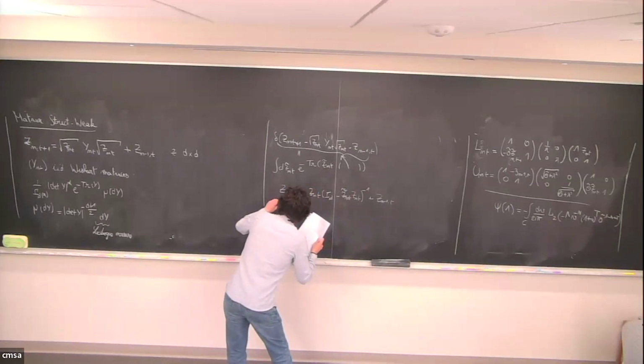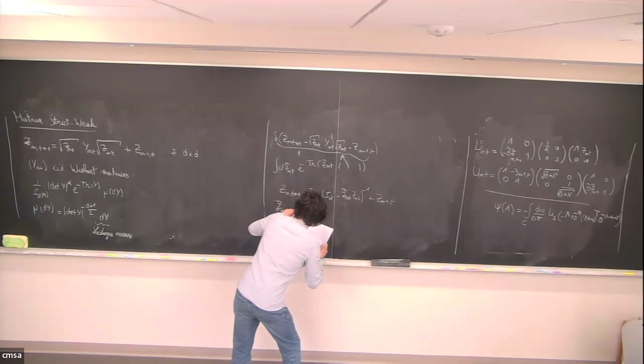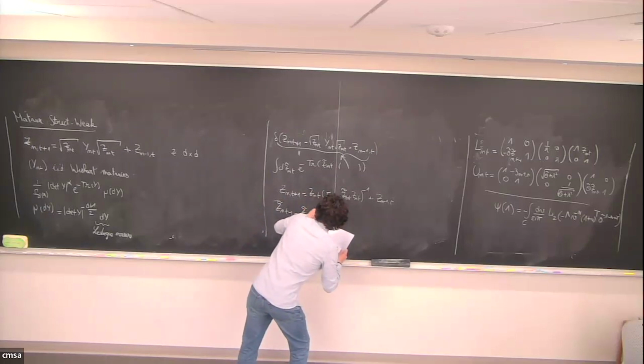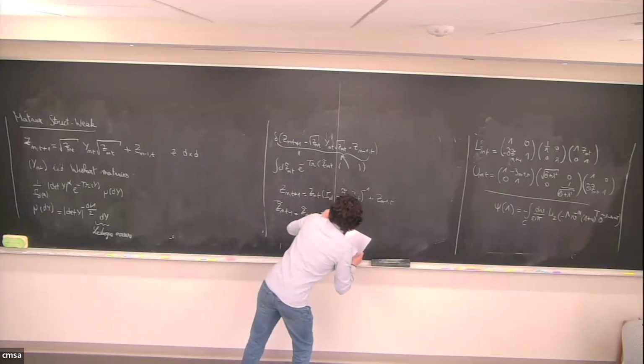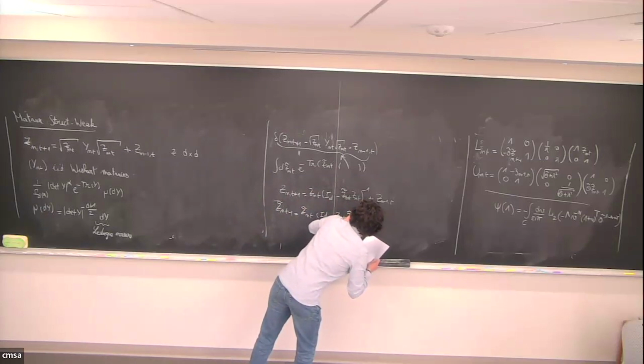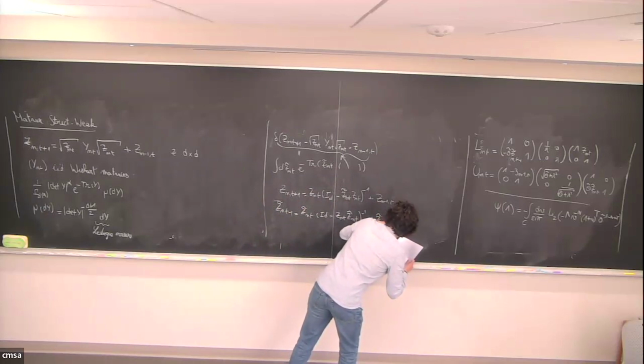And for the response matrix, we would have Z n,t minus 1, z tilde n,t, identity minus Z n,t z tilde n,t inverse, z tilde n plus 1,t.